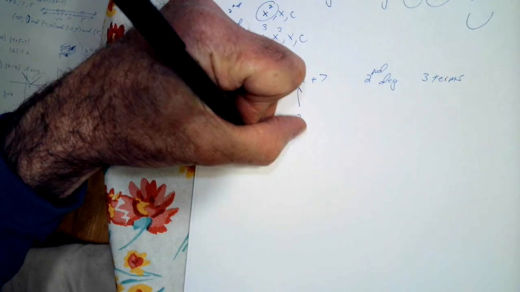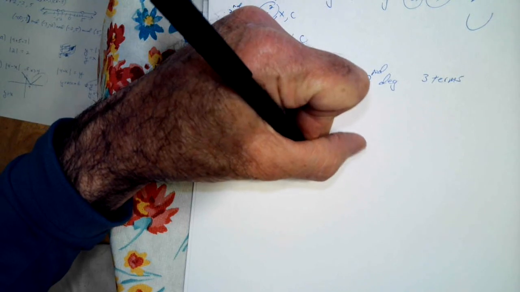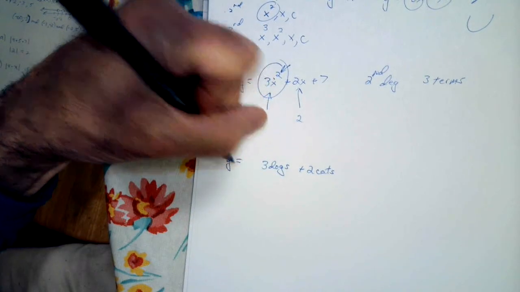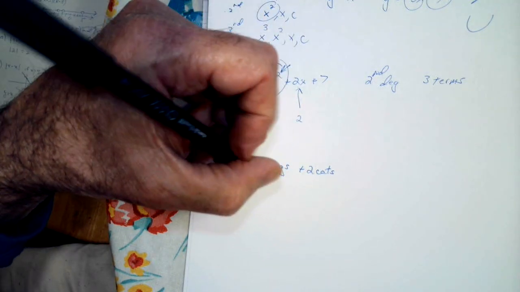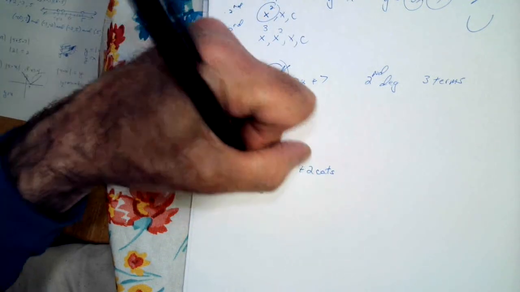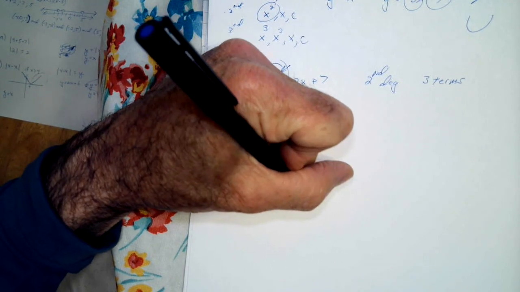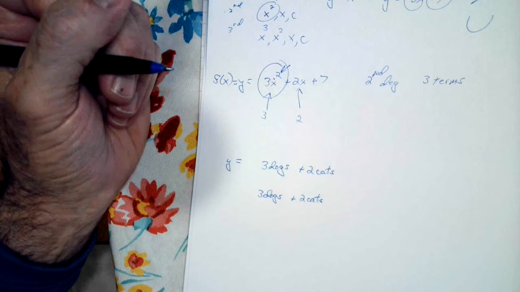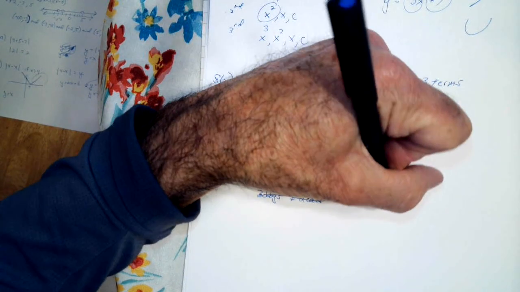In other words, 3 dogs plus 2 cats is equal to y. Okay, so what if I were to say I have 3 dogs plus 2 cats. That's really weird to write it that way. I'm going to write 3D plus 2C.